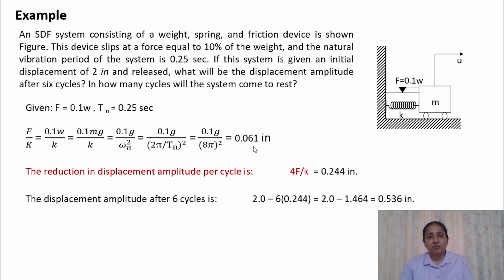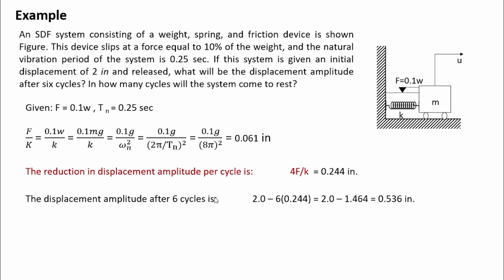We know that F/k is 0.061, and in each cycle the displacement response will decay by 0.244 inches. At the end of 6 cycles, the response is 0.536. So we can just guess, in 1 cycle the decay is 0.244, so in 2 cycles it will be 0.488.